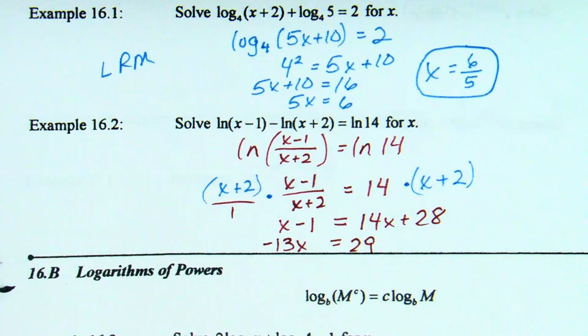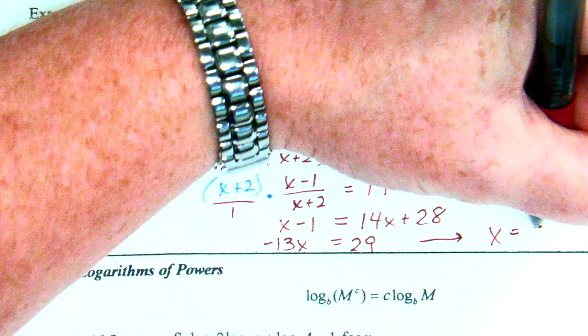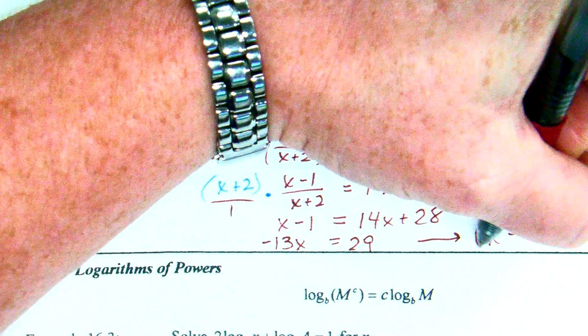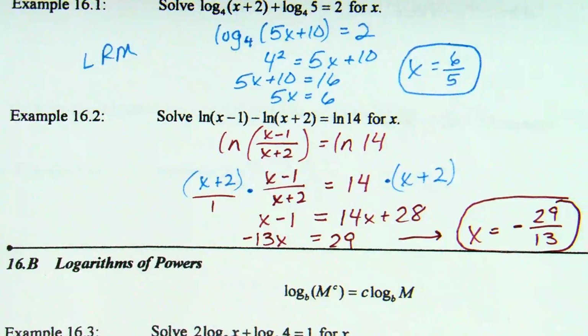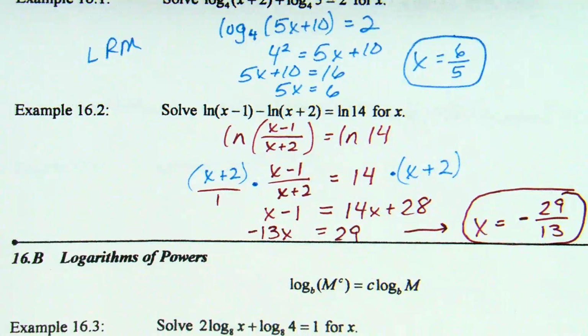Or Jack said 13x equals negative 29 if you went the other way. Either way, what do I end up with as an answer? Negative 29/13. You guys okay with that stuff? Okay.